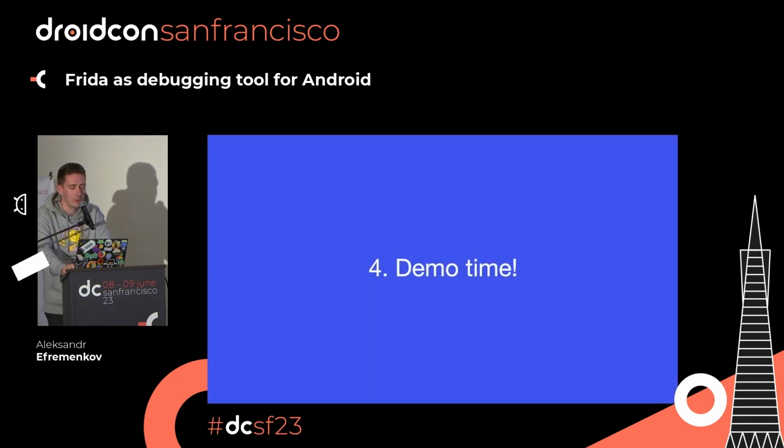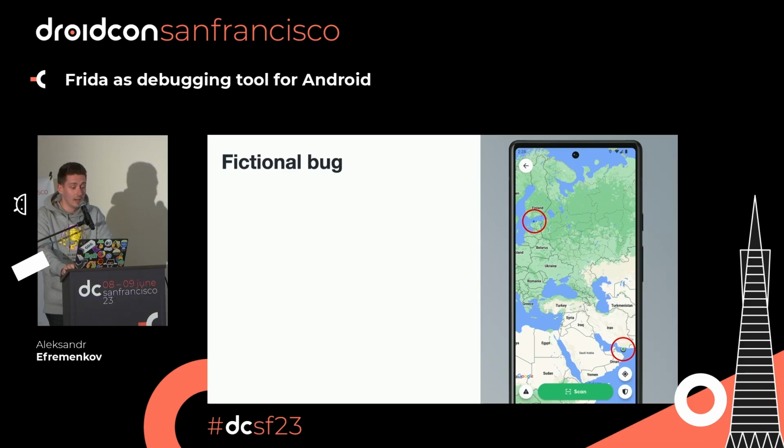I have prepared a small recording of the demo for you, but first let's figure out what the case actually is. In our ride-hailing app, which is essentially a super app, we already have functionality with scooters, and we have a small bug.